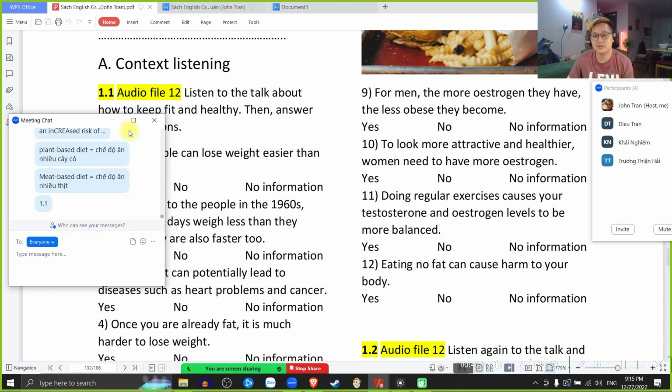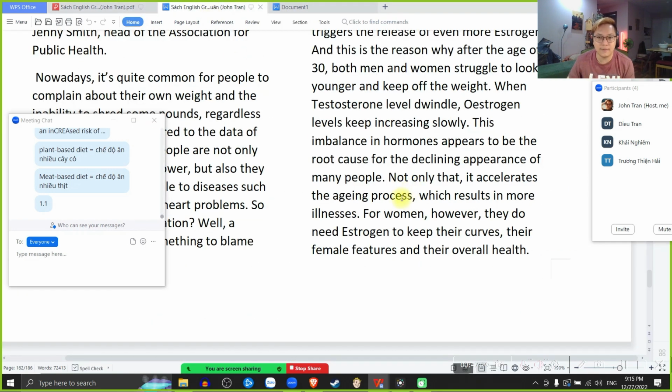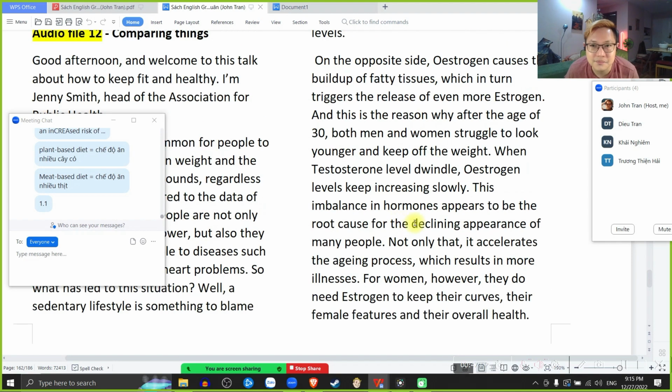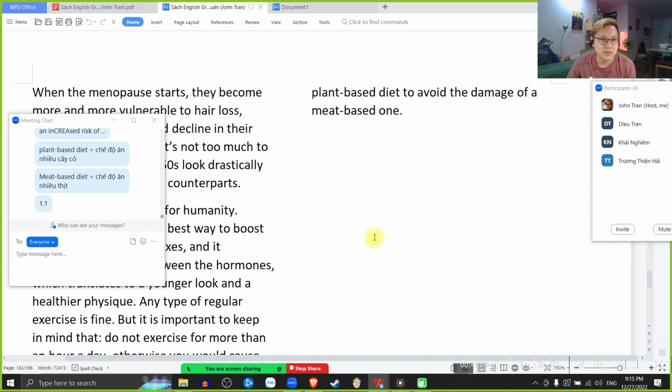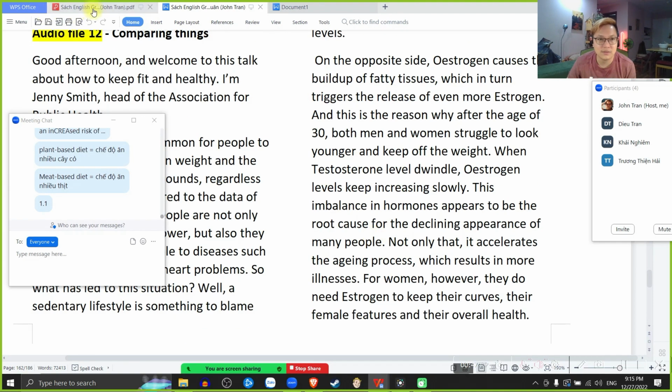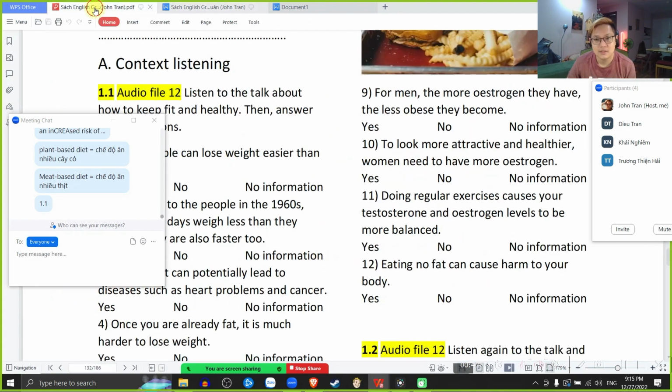This one is the opposite of what you saw over here, okay? Here. Nó gây ra tích mỡ đúng hơn á. So it talks about estrogens causing the buildup of fat, right? So you can say that it cannot cause people to be less obese. Nó không thể nào gây ra con người ta ít béo phì hơn được đó. Impossible. So it's a no.